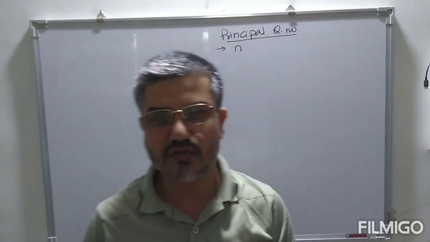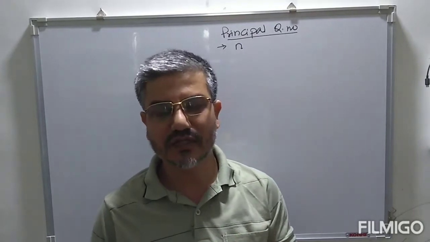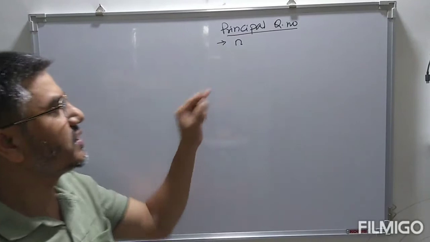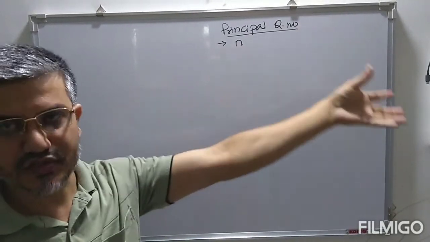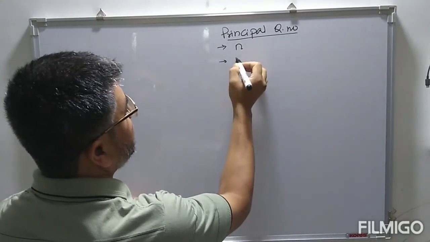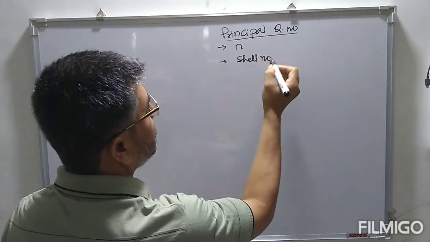One of the very important postulates of Bohr's theory says the angular momentum of electron should be some integral multiple of h by 2 pi. That integral multiple was n, which represents the shell number.